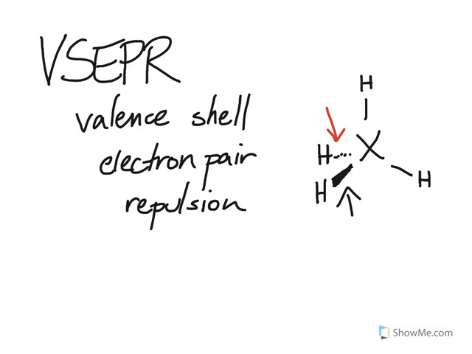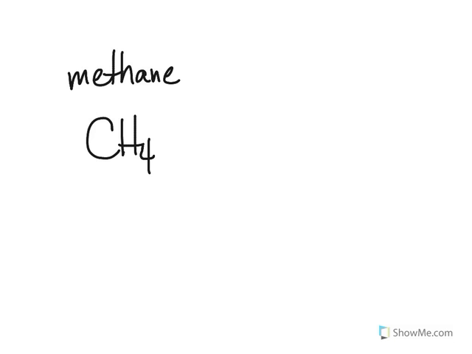So now let's go ahead and take a look at how we would draw a simple molecule that's got 4 atoms, or 4 sort of electron pairs around it, maximizing the bond angles between each one of these guys right here. So the perfect example would be methane. So that's CH4. This is the simplest hydrocarbon that we have.